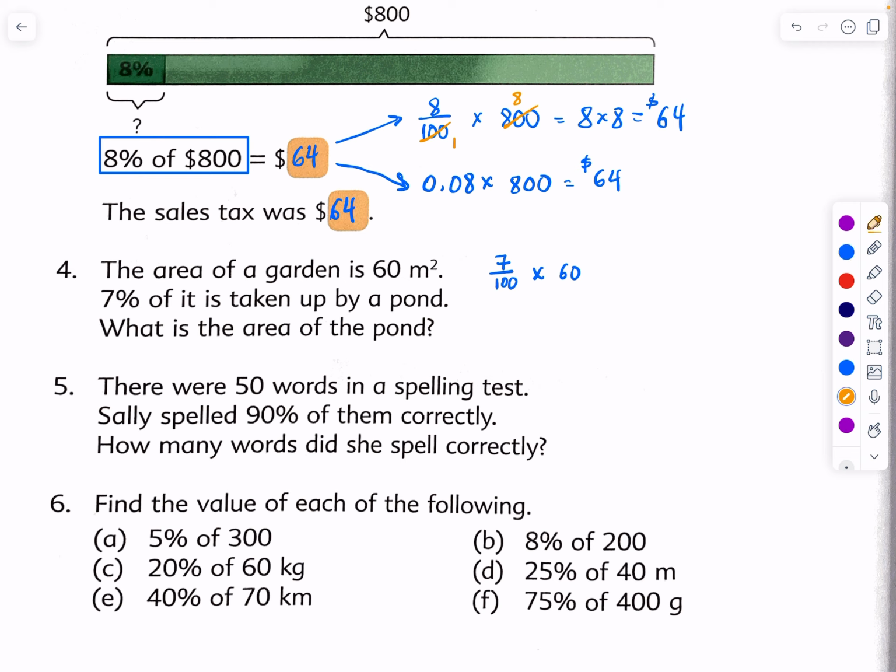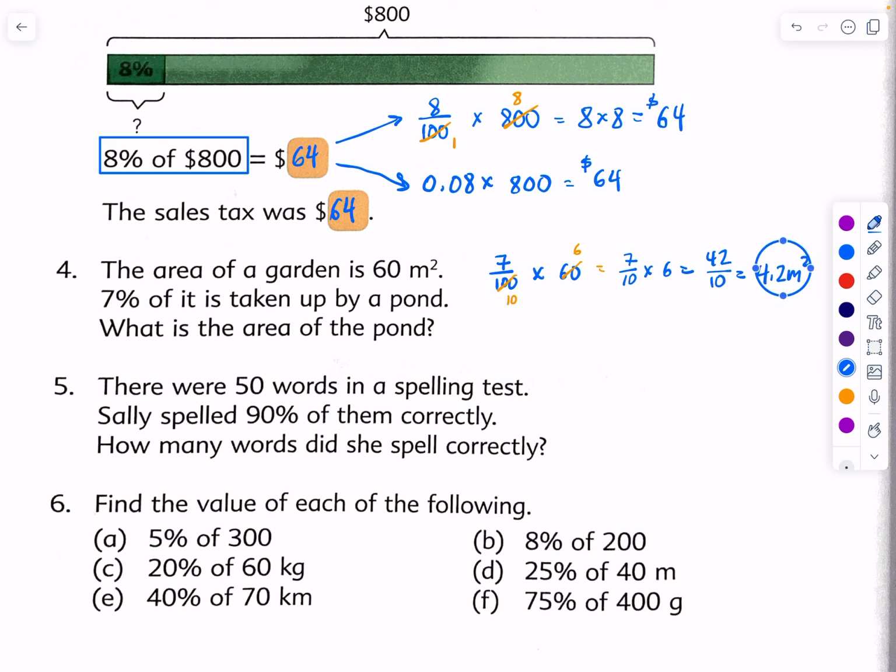So let's start reducing. 60 and 100 are both divisible by 10, reduces to 6 and 10. So we're going to do 7 tenths times 6. We can say it's 42 tenths or 4.2 meters squared.